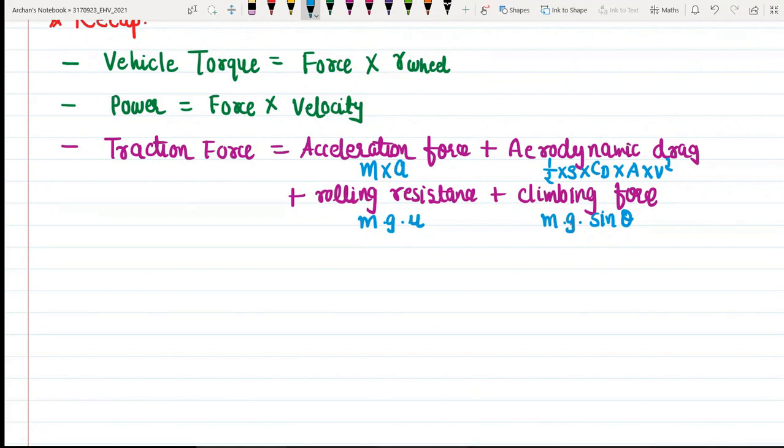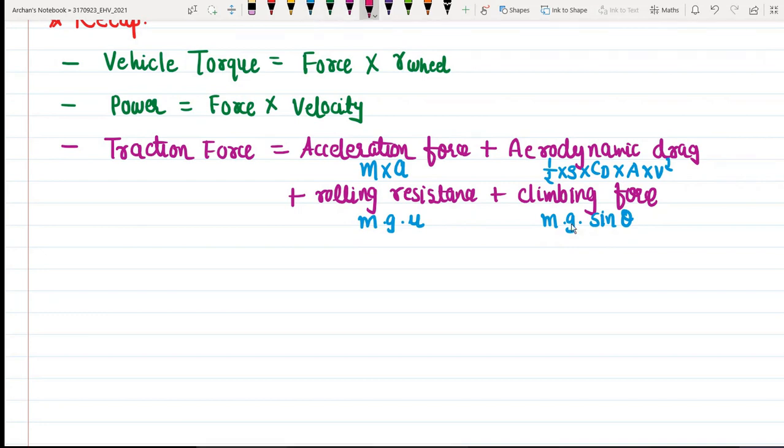After that, let us talk about the energy. What will be the energy consumed by the vehicle whenever it is in motion? Whenever our vehicle is in motion, the energy consumed by the vehicle is the integration of traction power. And we know how we are going to calculate the traction power.